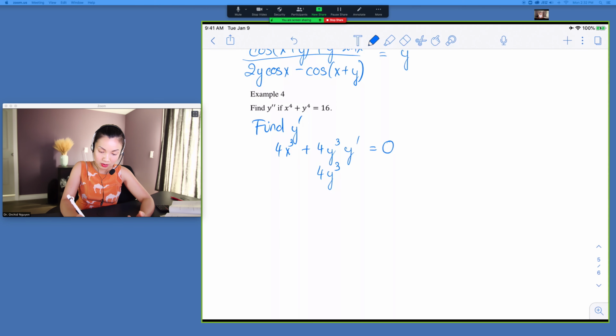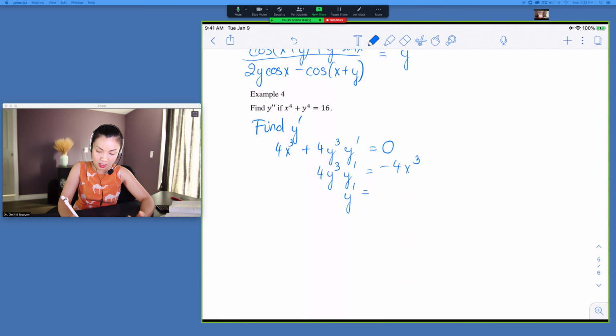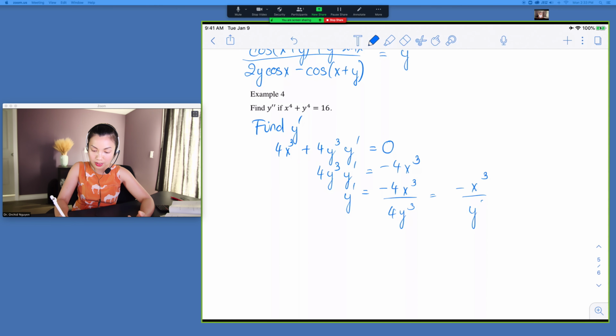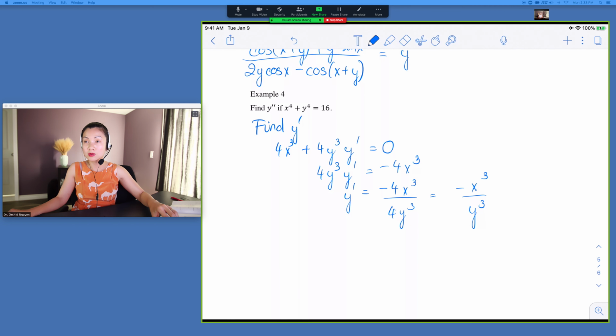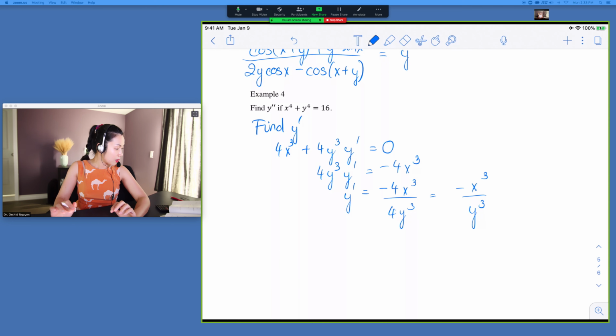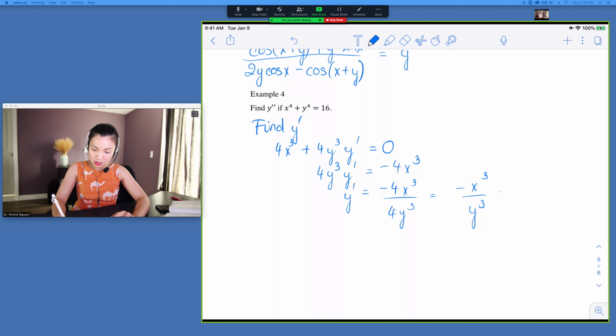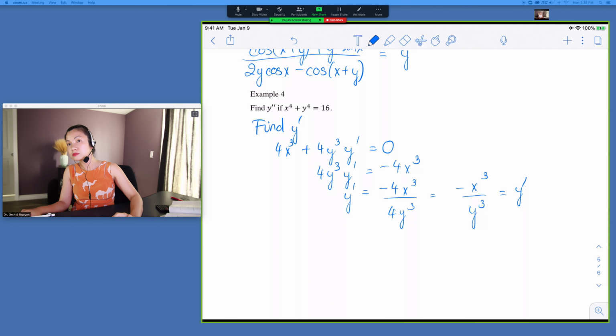Okay, now solving for y prime, 4y cubed y prime equals to negative 4x cubed, and y prime is going to be negative 4x cubed over 4y cubed, which is negative x cubed over y cubed. Okay. From there, so this is y prime.